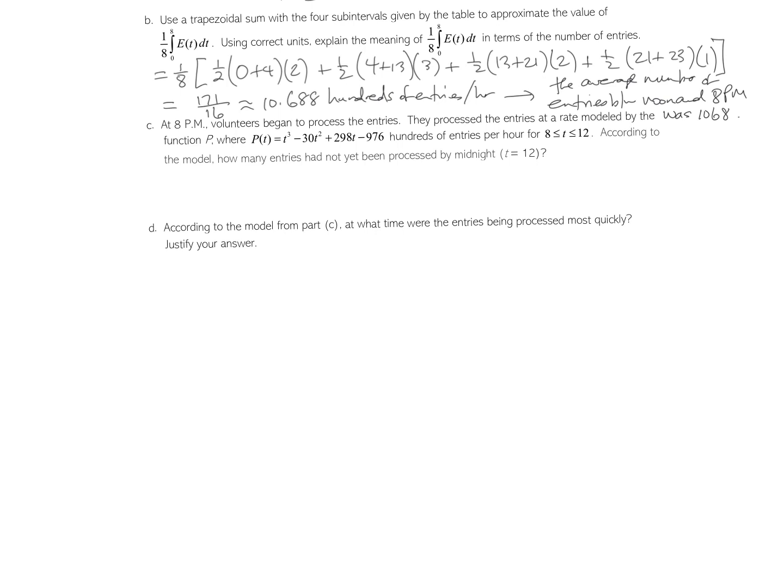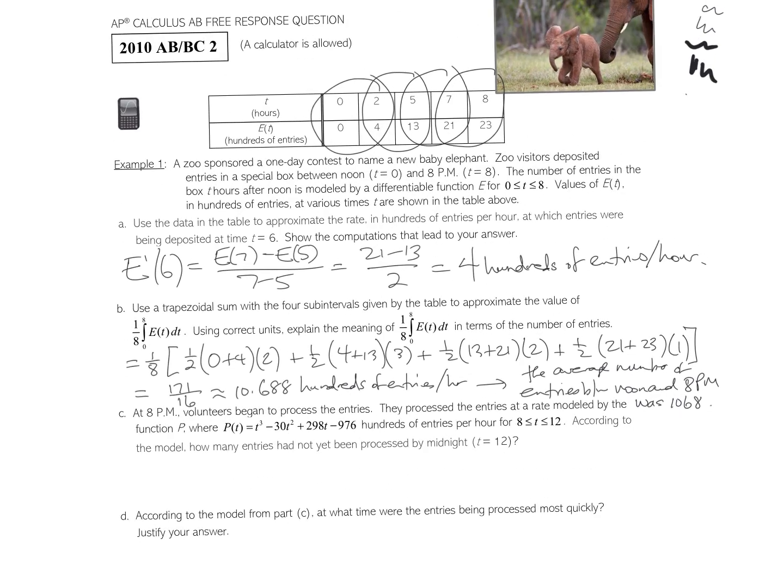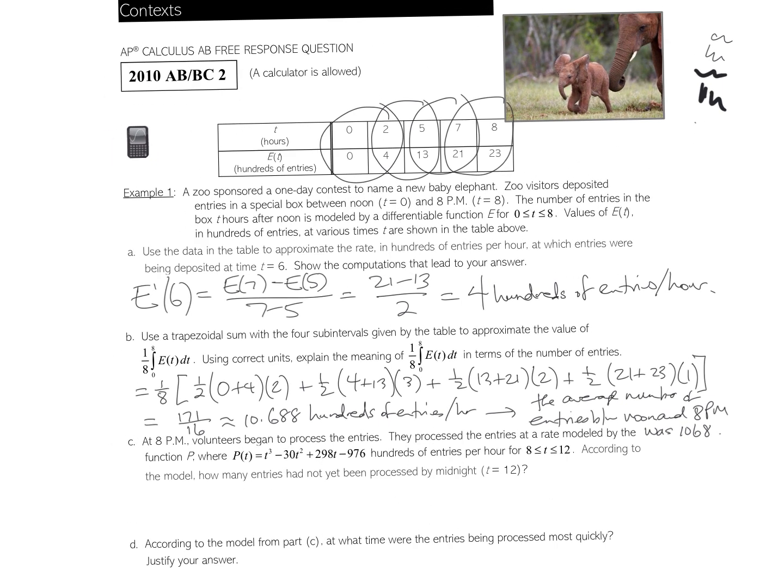So if we look at the actual table, at 8 o'clock, we start at 23 entries here. Do you see? 23 entries. So that is our starting spot. So when we do this, we're starting at 23, and then we're subtracting the integral from 8 to 12 of P of t dt.